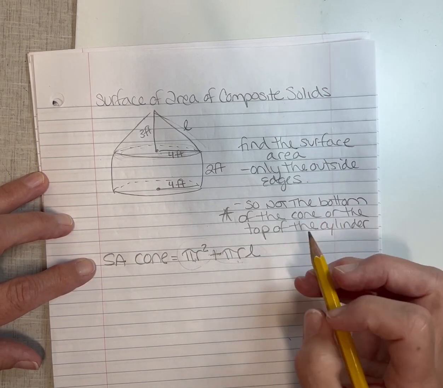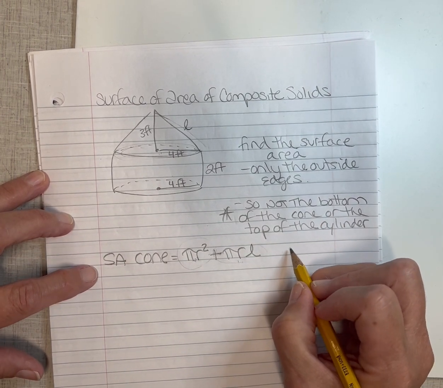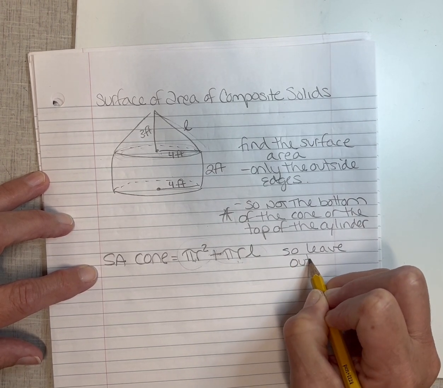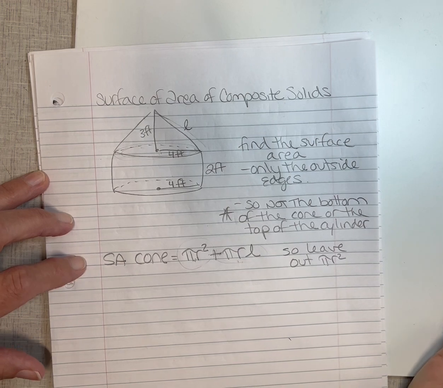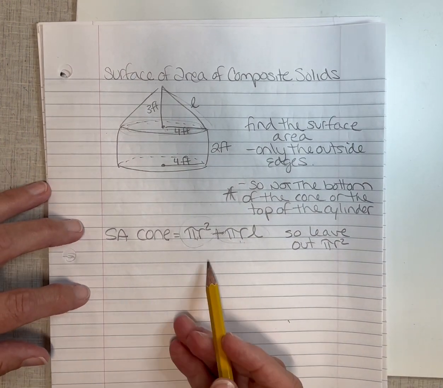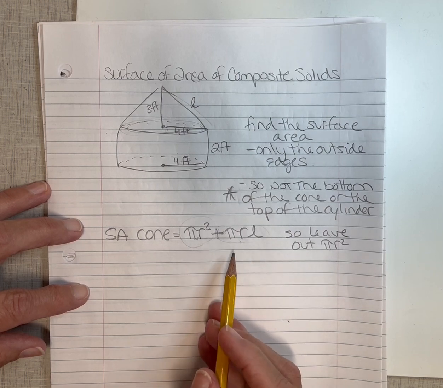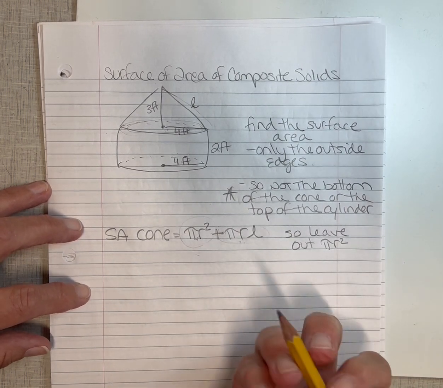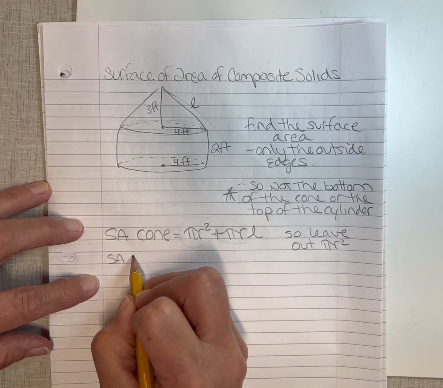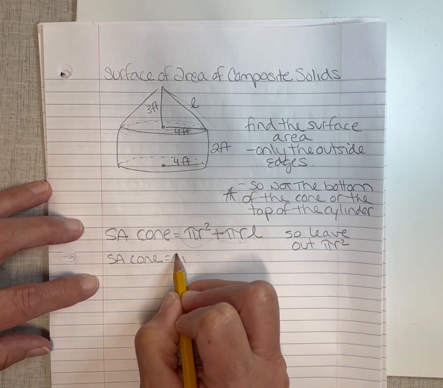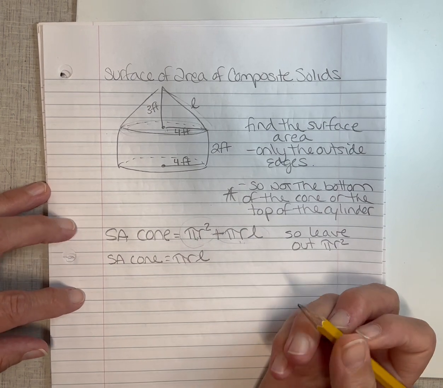So we just said we don't want the bottom of the cone, so leave out the pi r squared, right? With formulas, you really do want to understand what is being represented, and that way you can use the part of it that you need. So for the surface area of the cone minus the bottom, we're just going to do pi r L, right?